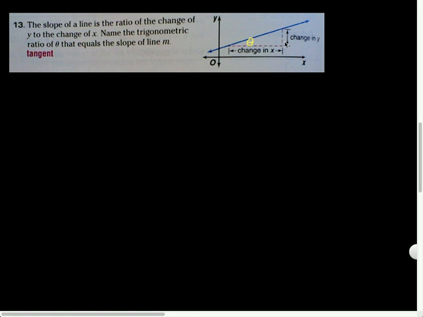Change in y is the opposite from that perspective, and change in x is the adjacent. And which trig function relates the opposite to adjacent? Tangent. So tangent is the answer, because tan theta relates y over x in this case.